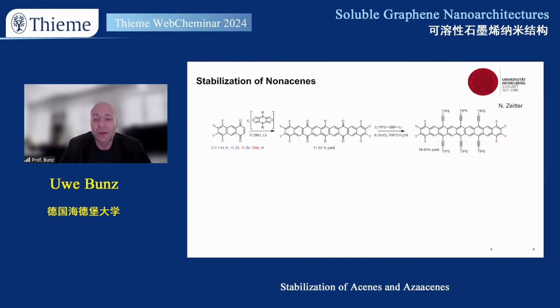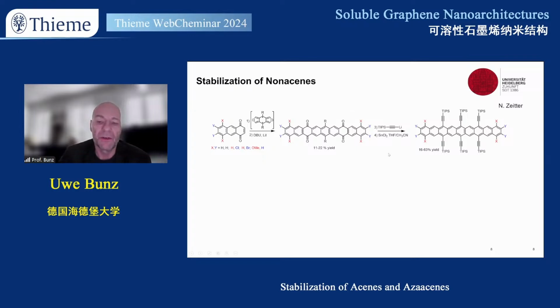And if you want to go to nonacenes, 4 alkynyl groups are not enough anymore, you actually have to use 6 ethynyl groups, and you use basically this intermediate, with which you do a double Diels-Alder reaction, deoxygenation, and then, as usual, alkylation, and here the tin dichloride reduction.